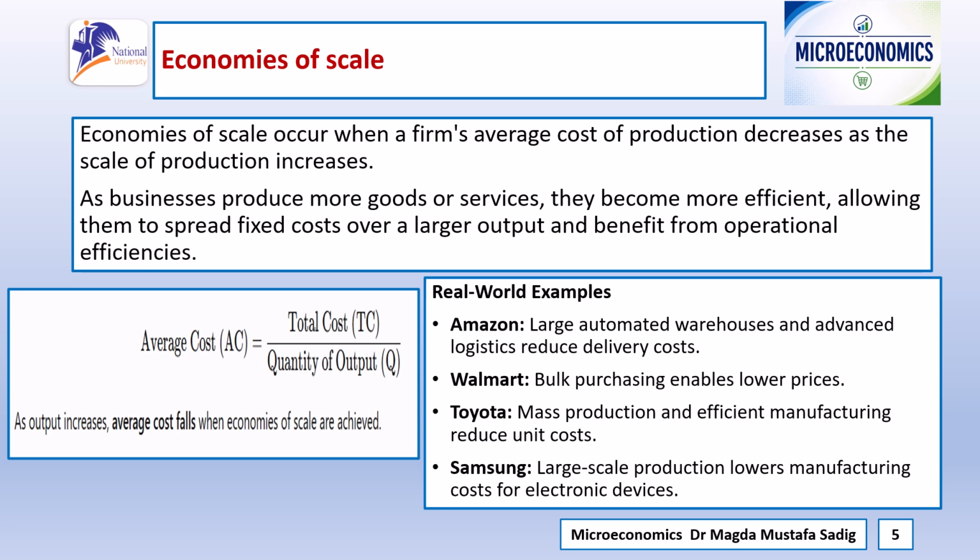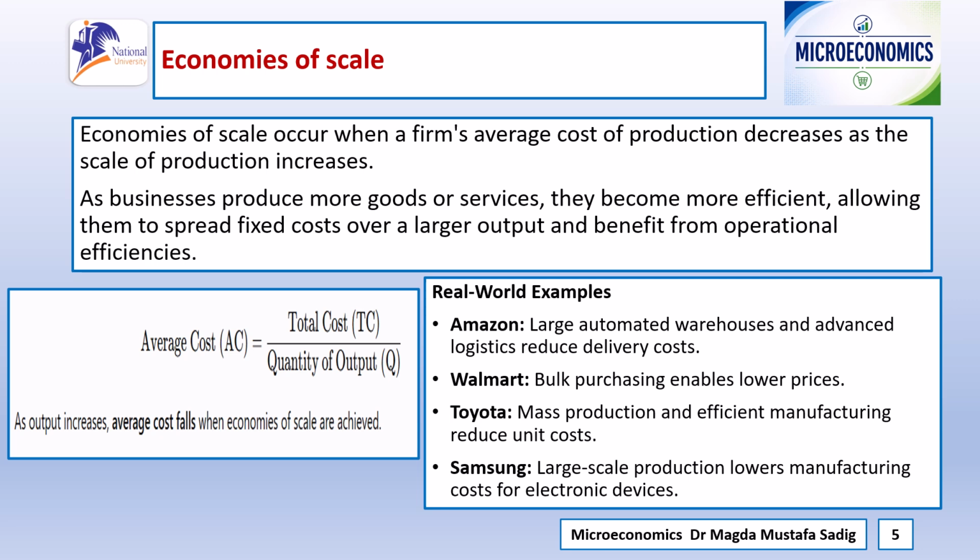Because fixed costs are spread over many products. Imagine buying one printer for an office. Whether you print a hundred pages or 10,000 pages, the printer cost stays the same. The more pages produced, the lower the cost per page.